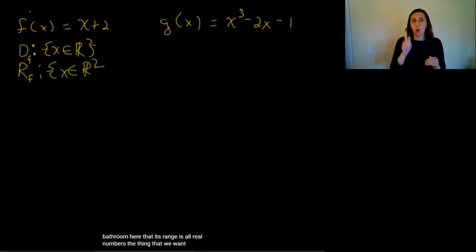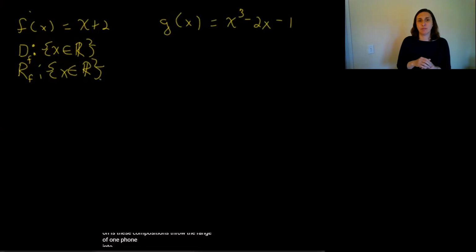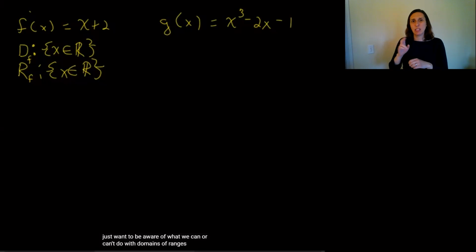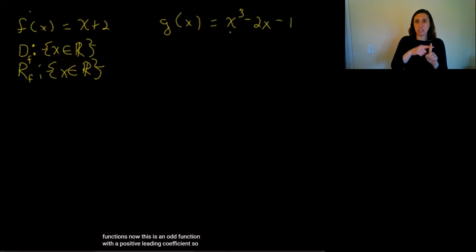The thing that we want to focus on is these compositions throw the range of one function into the domain of another. And so we just want to be aware of what we can or can't do with domains and ranges of our functions. Now, this is an odd function with a positive leading coefficient, so it starts at negative infinity and ends at positive infinity.